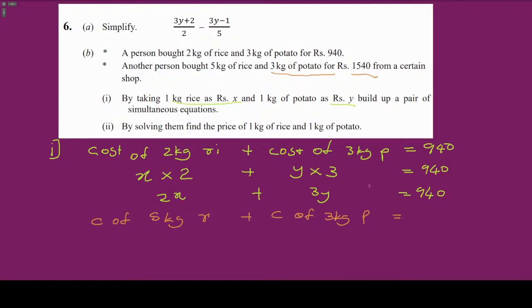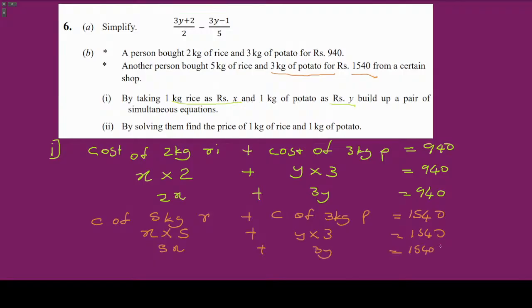So how do you find the cost of 5 kilograms of rice? The price of 1 kg is X. So 5 kilograms has to be X into 5. Potato price is Y. So Y times 3. So we get 5X plus 3Y equals 1540.